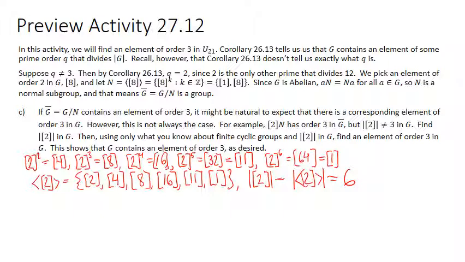So what we do know about finite cyclic groups is that they always contain a subgroup of every prime order that divides the group order. So let me just say that right here.